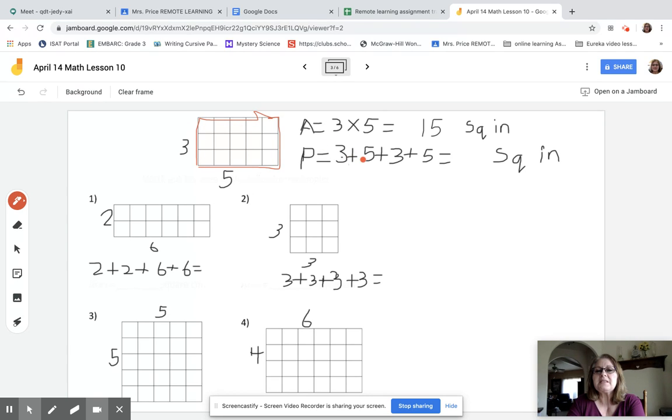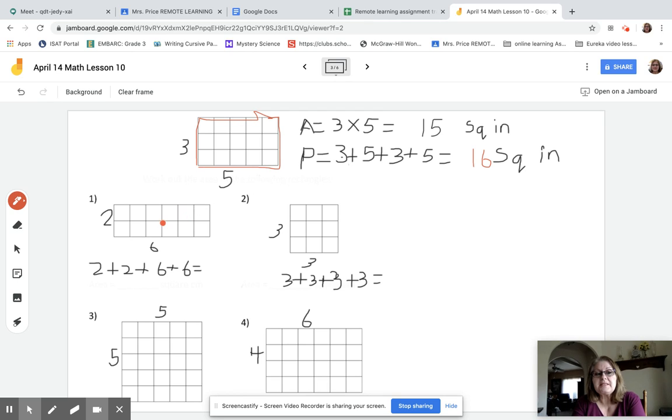So 3 plus 5 plus 3 plus 5 equals, well, 5 plus 3 is 8, and 8 plus 8 is 16. When you're doing area and perimeter, they aren't always going to be the same answer. Sometimes they are, but not always. Remember, the area is the inside of the shape and the perimeter is the outside of the shape, okay?